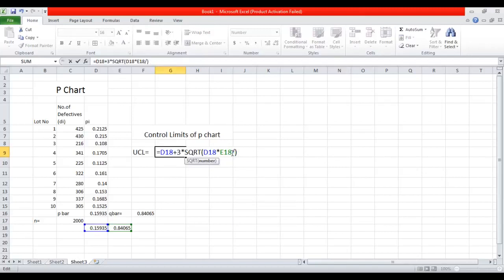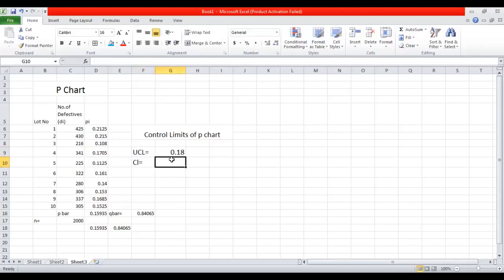I've directly written N. Here N value is 2000. So this is the UCL value, that is 0.18. Now coming to CL, CL value is P bar itself. So this is the value of P bar.